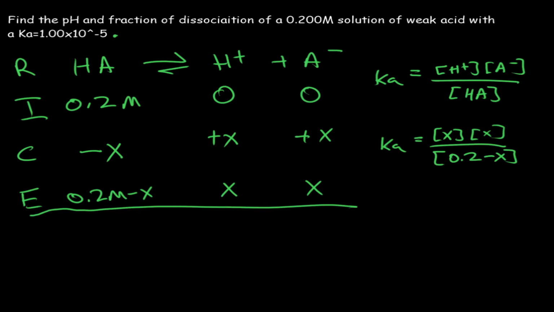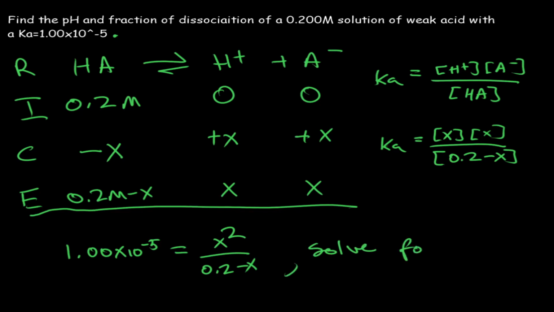So our final equation would look like this: 1 times 10 to the negative 5 is equal to X squared over 0.2 minus X. You can simply multiply the two X's because they're the same value. Okay, and our next goal is to solve for X.